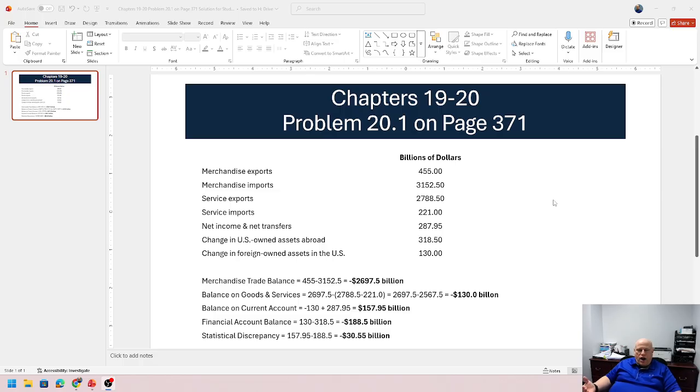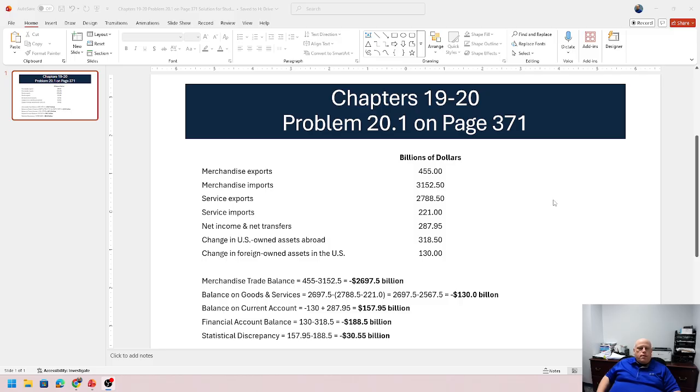Once you do the part in the parentheses first, it would be 2697.5 minus 2567.5, which would give you a value of negative 130 billion. When you have a balance that is a negative number, that's basically a deficit. So we have a deficit of $130 billion.